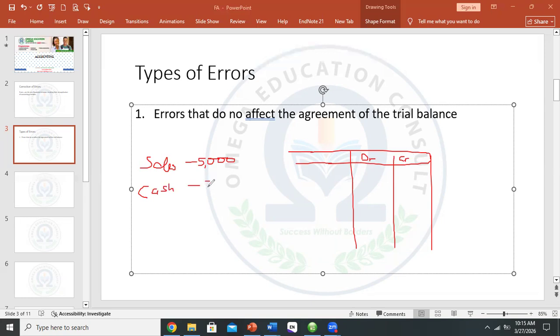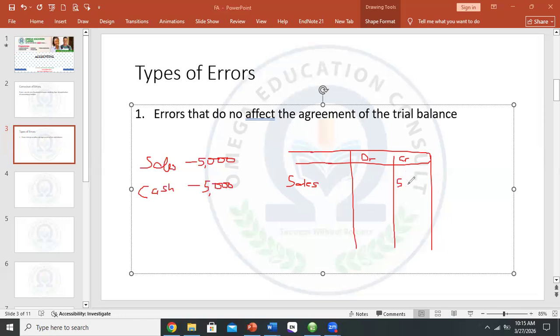If they ask you to prepare a trial balance from this, I hope you can do it, right? So you come into your trial balance, you put down your sales in the details or the narration or particulars column. And sales should be at which side, professors? Sales account balance will be, is it at the debit or credit? Credit. Credit, okay. So then you put your 5,000 at the credit, right?